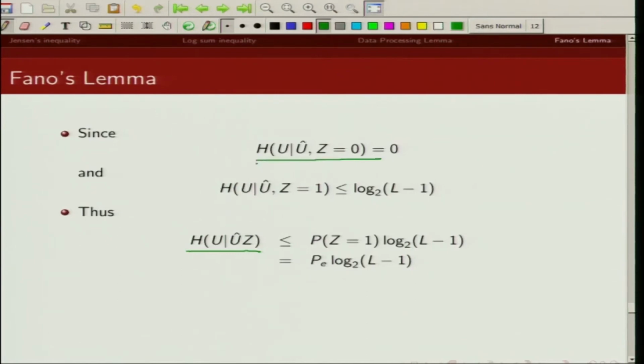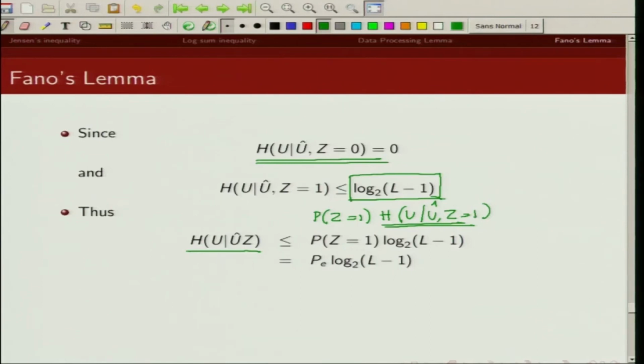Now this uncertainty is 0, so the only term left is probability of Z equal to 1 multiplied by the uncertainty in U given U hat and Z equal to 1, and this quantity we just showed is upper bounded by this. So we plug this value in, and what we get is probability of Z equal to 1, that is basically the probability of error, times log of L minus 1. So what we have shown is this quantity is upper bounded by this quantity.